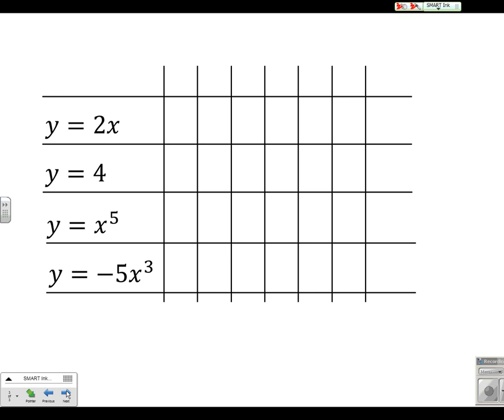And I would say if this is, let's say, function A, this is function B, C, and D, my question to you would be, which of these functions is the most powerful? In other words, if they were all racing, and let's disregard the negative.